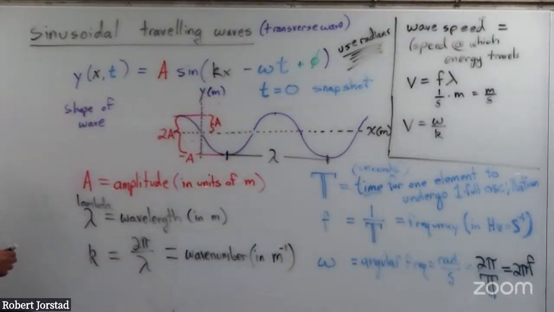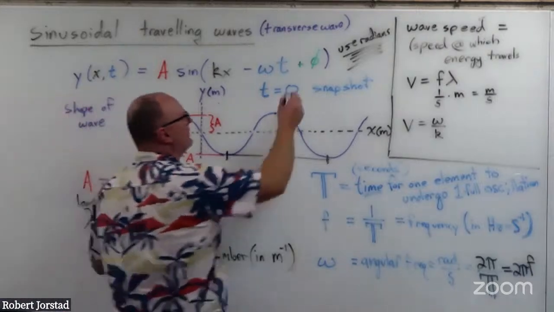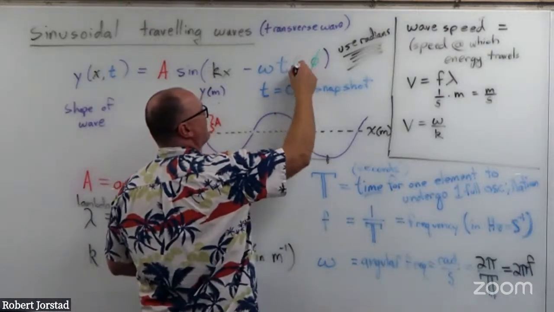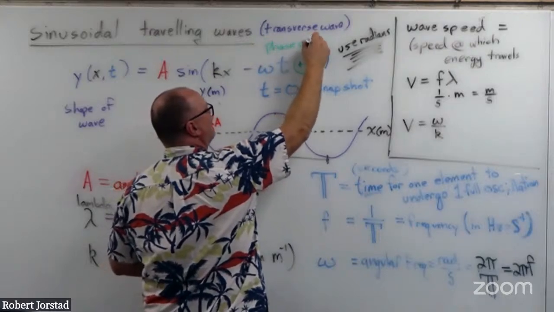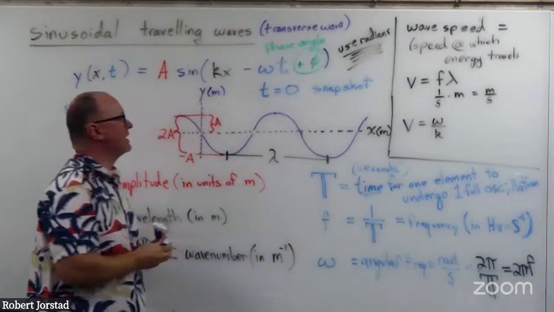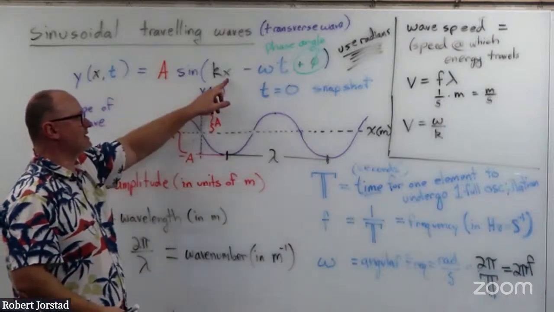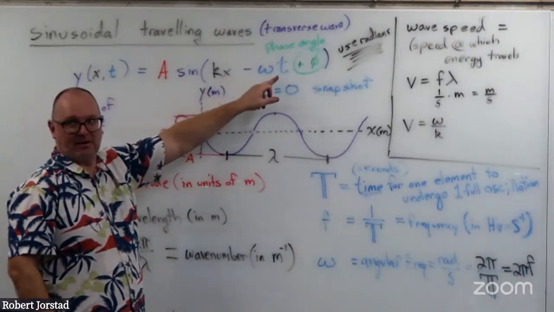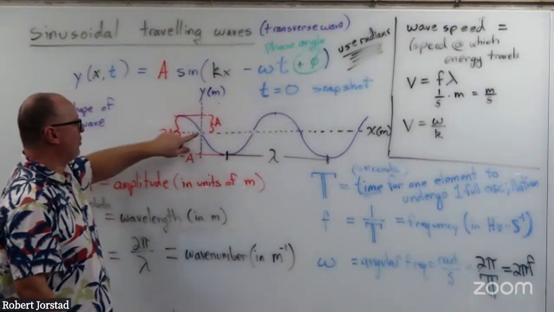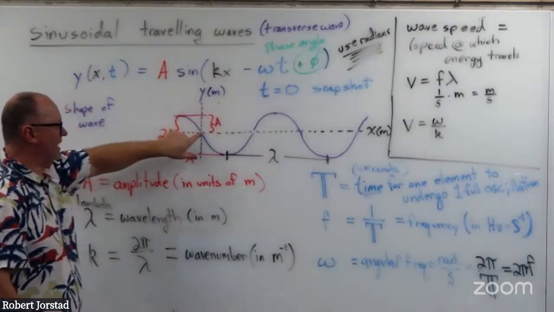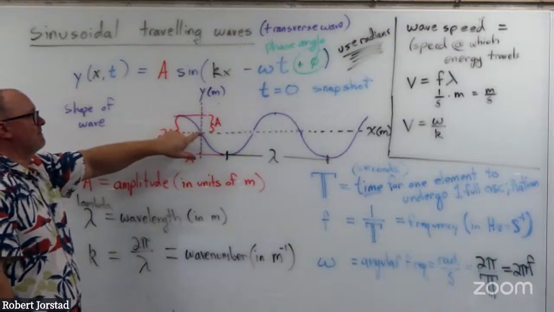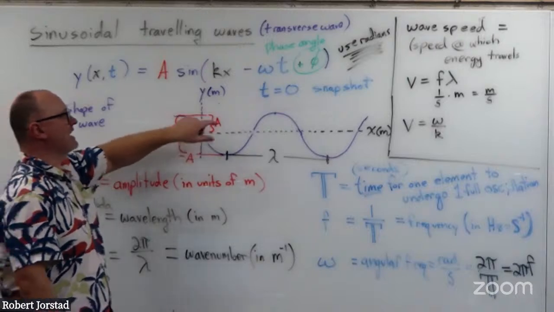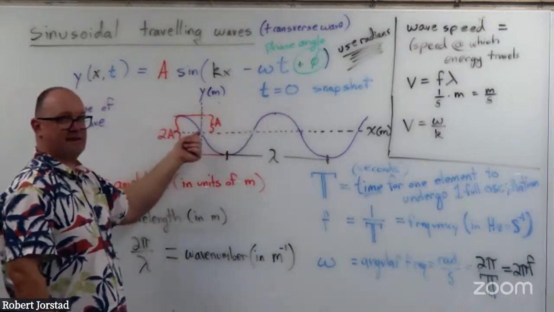One last little thing that's mentioned in here, phi. What is phi? That's a phase angle. If we set x equal to 0 and t equal to 0, that's basically saying what is the position of the ball at the origin at time equals 0. And you can use the phase angle to adjust that position.